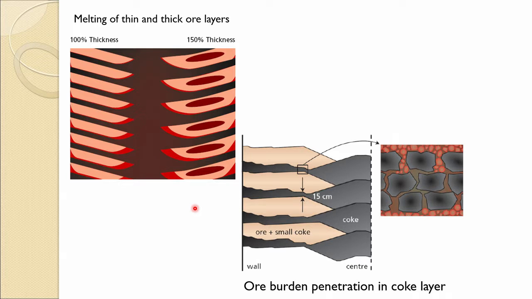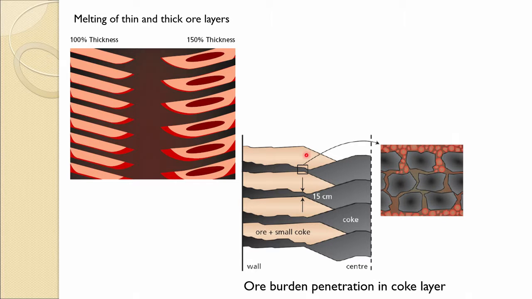And also, it should be a proper descent from top to bottom. If you do not have a proper descent of the material, again you have a maldistribution of the gases. One possibility is shown here: if the coke layer thickness decreases, what will happen?